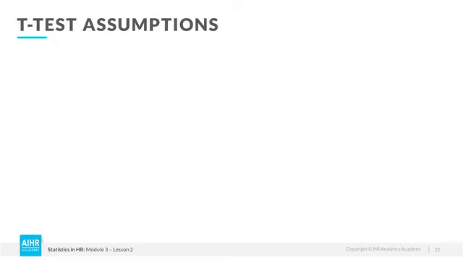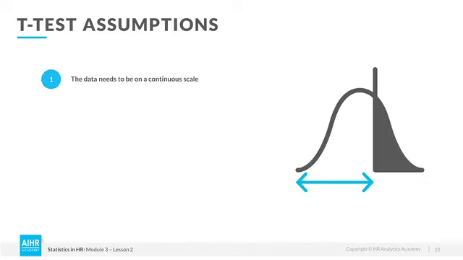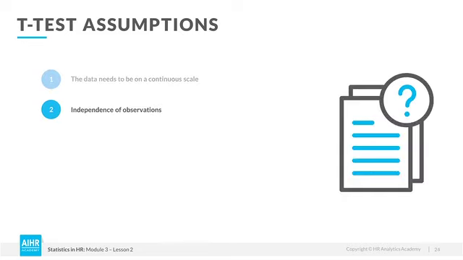Now, before you run off and start your t-test, there are a few assumptions all t-tests have to adhere to. They are: the data needs to be on a continuous scale. The second one is independence of observations, which means that your participants do not influence each other's scoring. If your research design is proper and the participants are randomly selected, you will often satisfy this assumption.